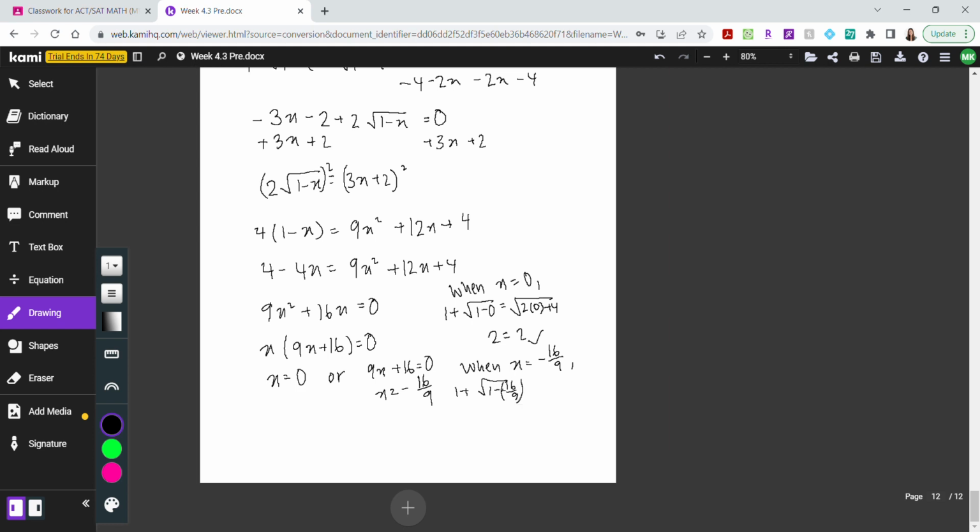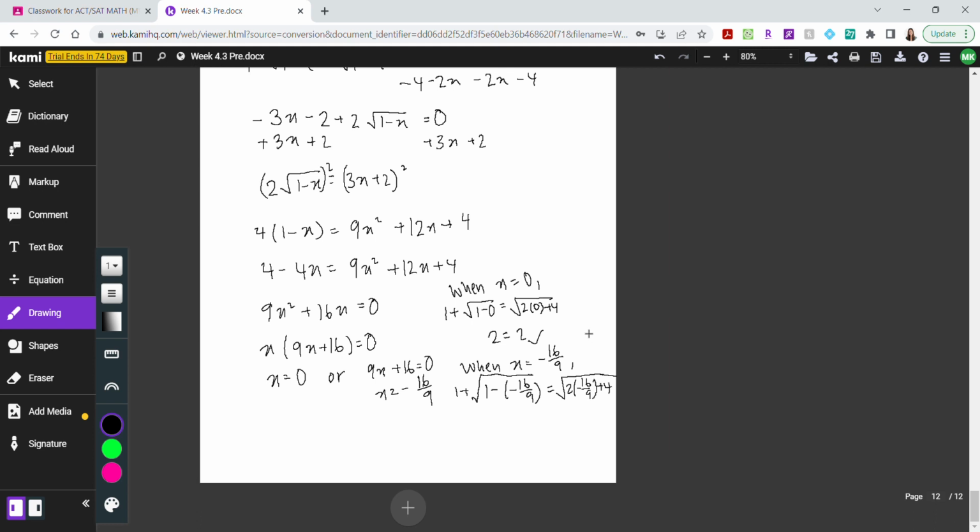Now, when x equals negative 16 over 9, let's plug it all in. Let's write that a little bit more clearly. Just plug it all in and then put it into your calculator. Ooh, I'm running out of space. Bear with me here.